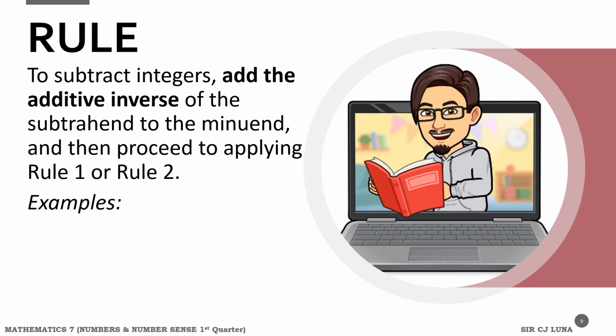Okay? Halimbawa, 5 minus negative 10. So, ang ating subtrahend dito ay negative 10. Tama ba? At ang 5, ang tawag doon ay minuend. So, yung negative 10, magiging siyang positive 10. Kasi yun ang kanyang additive inverse. Kabaligtaran niya. Okay? So, negative 10 magiging positive 10. And then, you change the operation from subtraction to addition.